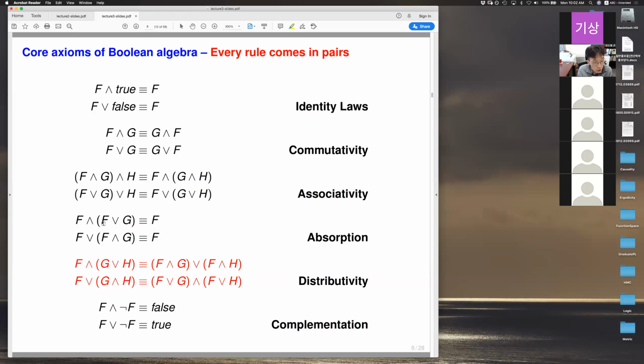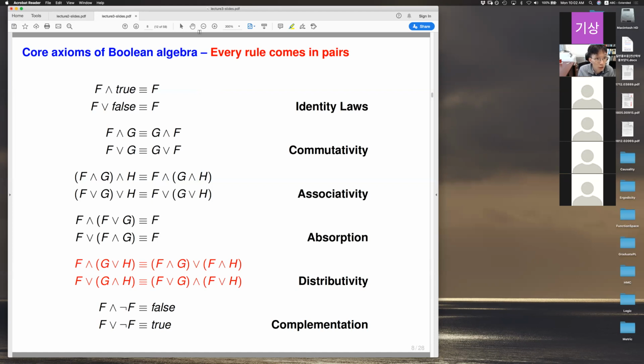In the absorption rules, if I switch AND and OR, that again gives another rule. And in the identity rule, we switch AND and OR, and false and true, and we again get a rule. So in some sense, what all these rules say is that AND and OR, true and false, are self-dual. That's what this first property says.